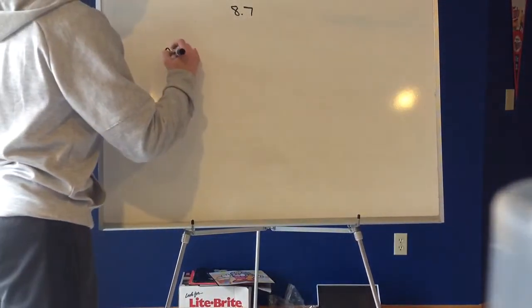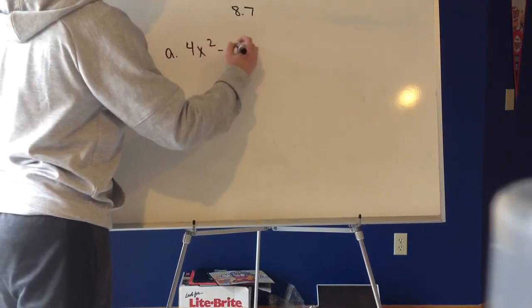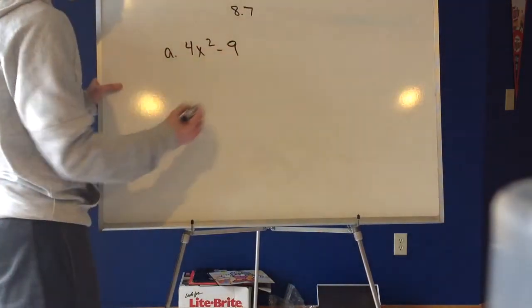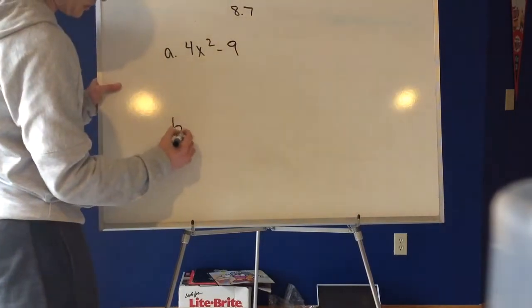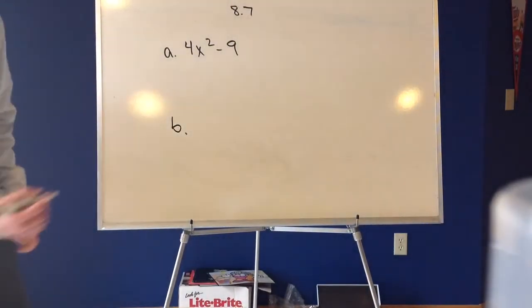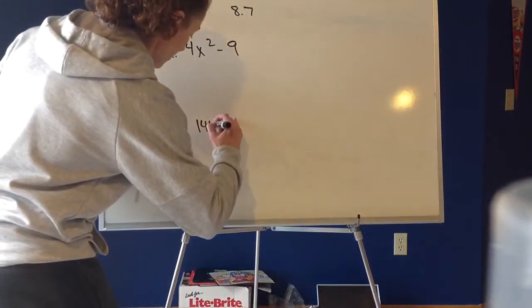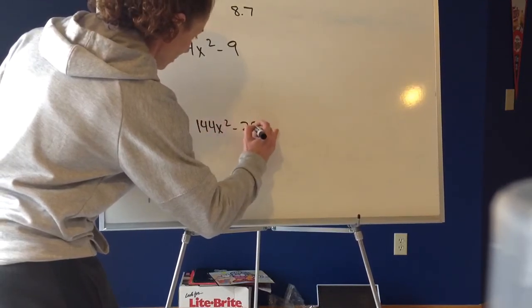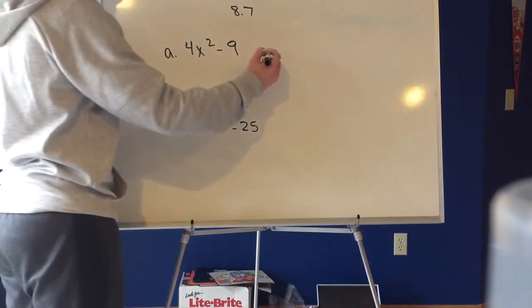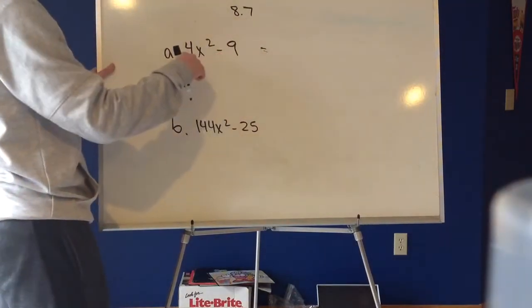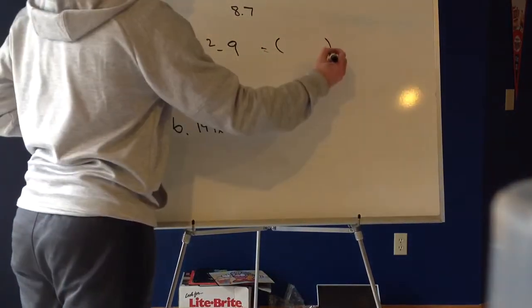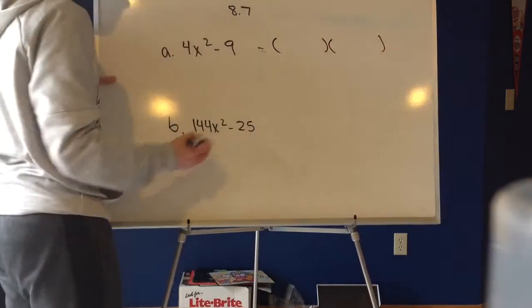So first one we got here is 4x squared minus 9. Okay, so if we look at this one, and actually I'll go ahead and throw b on here as well. Okay, so you'll notice you do have a subtraction sign. They are both perfect squares. Then we can factor difference of squares.